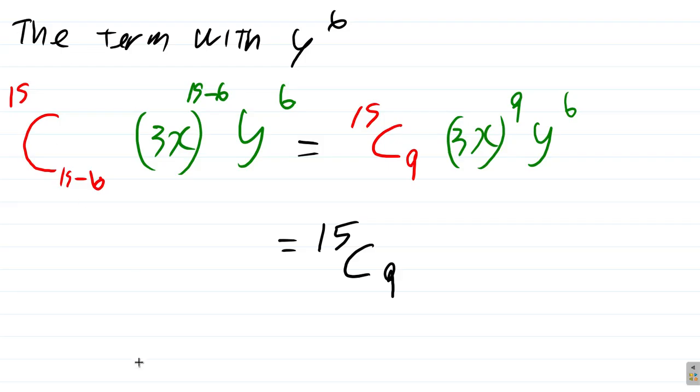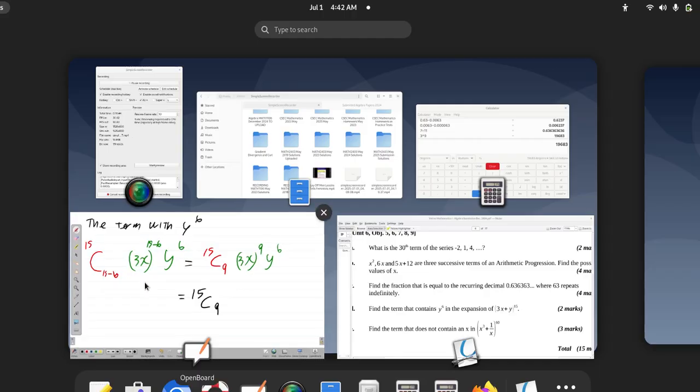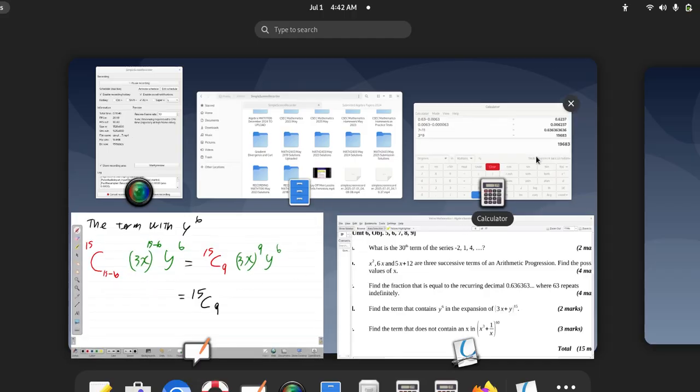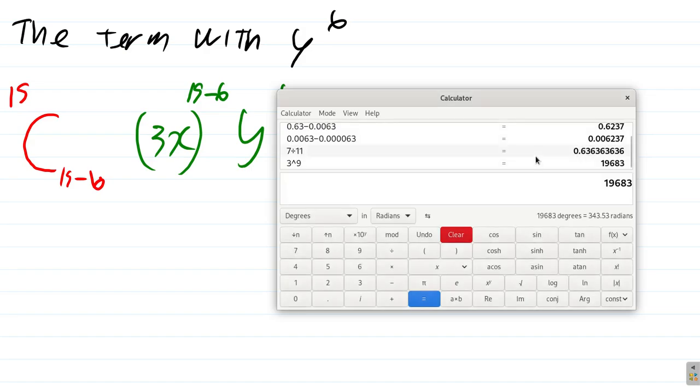And if I multiply that by 19,683, this time 5005 equals a massive number, 98,513,415.